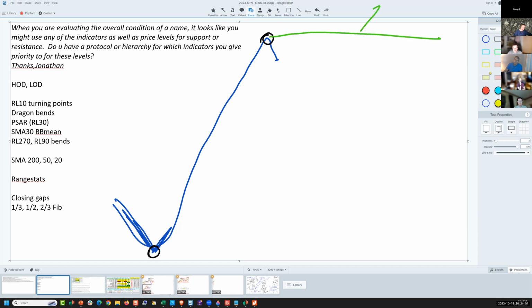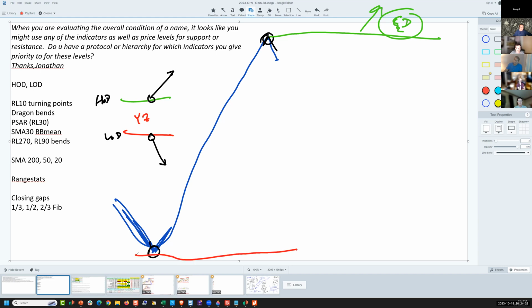Anything that breaks north of that is an emerging dragon in the same way that the high and low of the day represented the yellow zone breakout. The peak of the RL10 in both directions also acts as a critical price level.